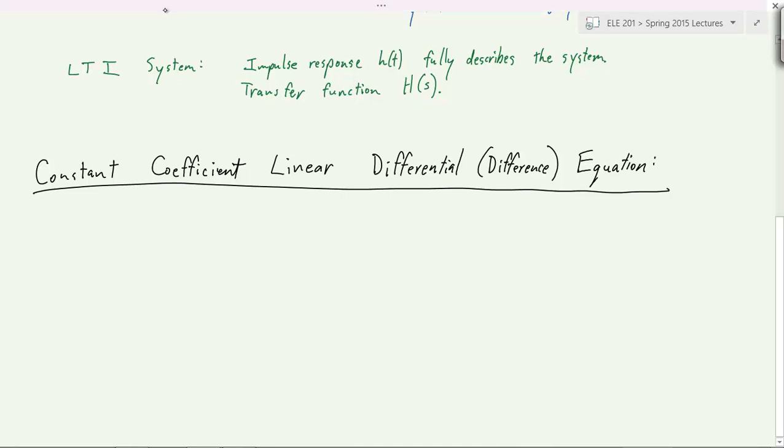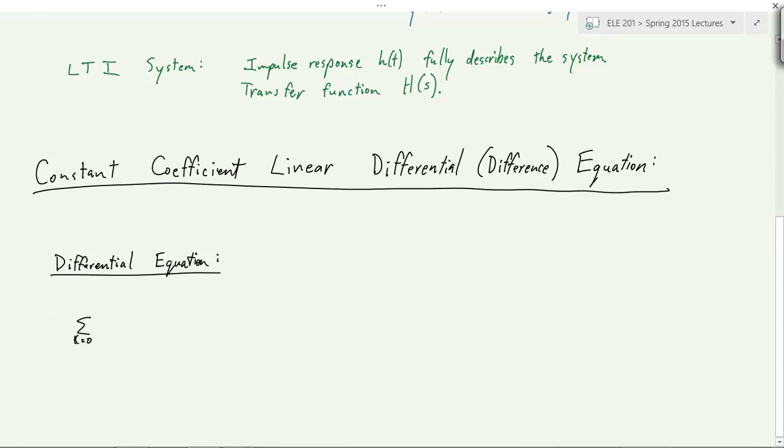So let's look at the continuous time ones, the differential equations. Okay, they're going to be of this form. You have a sum of a certain number of terms. This is not an infinite sum.